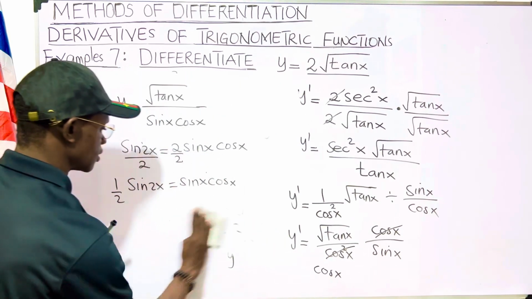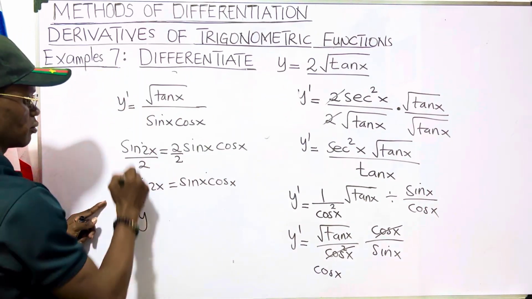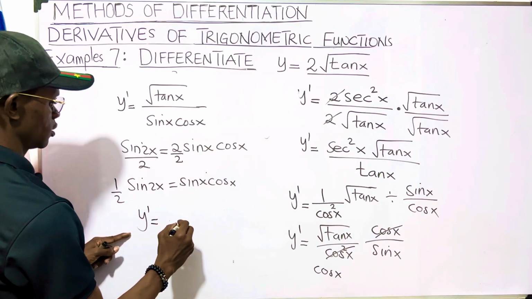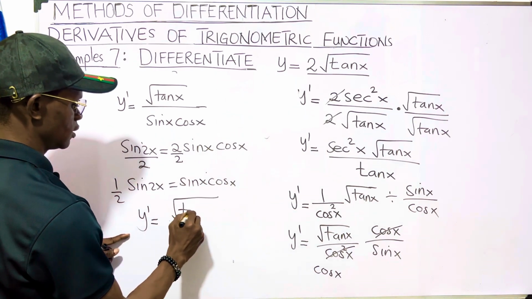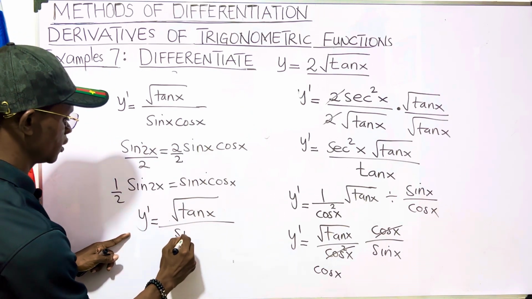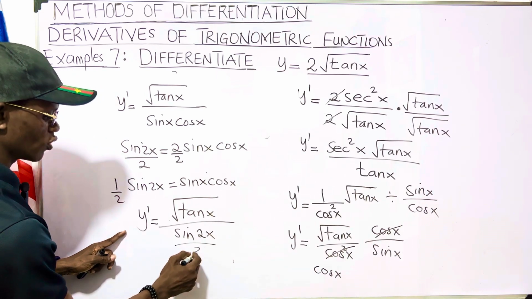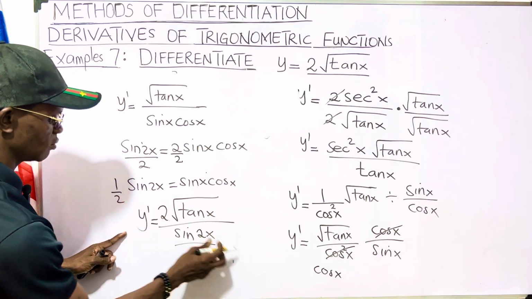So we can now say y prime equals the square root of tangent of x all over sine of 2x over 2. So this 2 can come into the numerator.